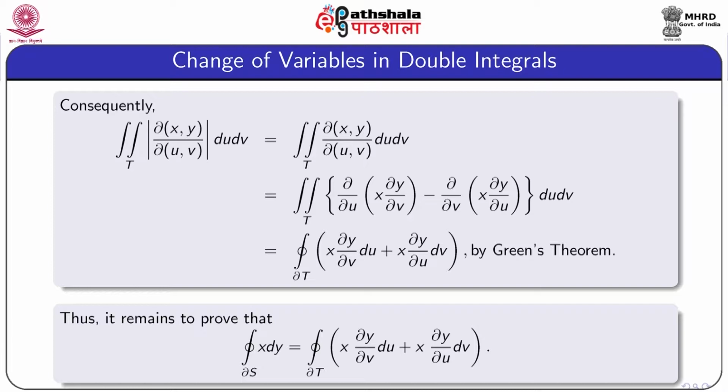So, this equals the line integral over ∂T of x ∂y/∂v du plus x ∂y/∂u dv by using Green's theorem. So, in order to prove the theorem, it remains to prove that the line integral over ∂S of x dy equals the line integral over ∂T of x ∂y/∂v du plus x ∂y/∂u dv.